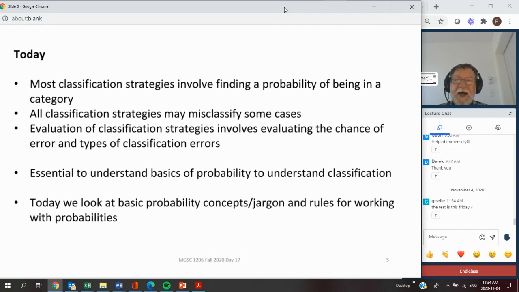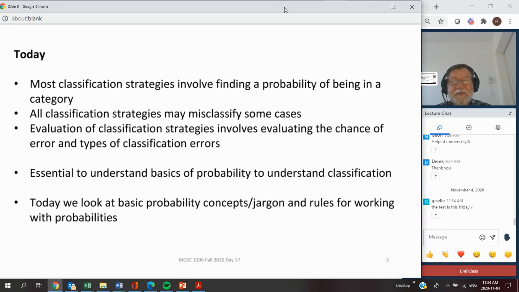So today, most classification strategies involve finding a probability. A huge proportion of them do. All of them make some errors in misclassification, and so we have to evaluate the chance of error. It's a probability of an error.